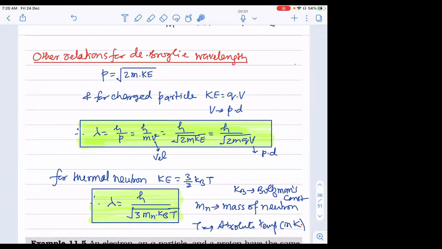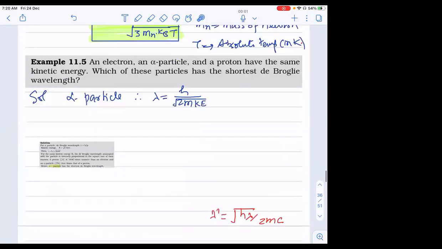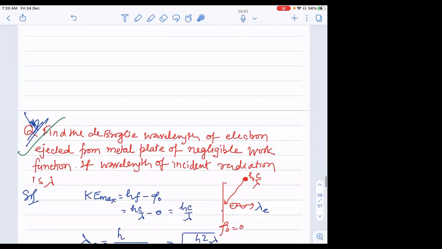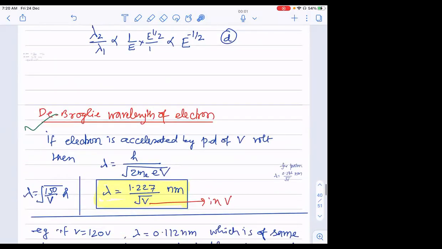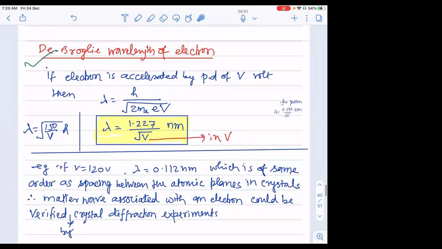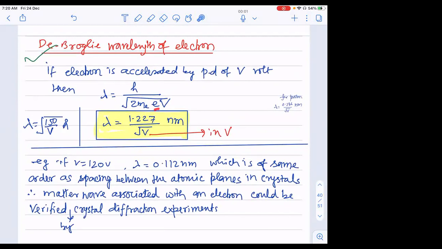For electron, here mass of electron will come, here charge of electron will come. माइनस नहीं लिखना उसमें, क्योंकि magnitude of charge लिखा जाता है. तो if you put the value of constants and simplify further, यहाँ पे ये mass of electron हो जाएगा, h भी constant, सब constant.